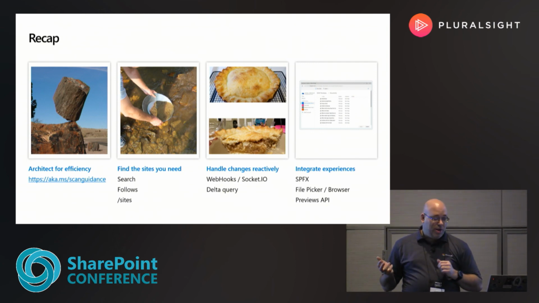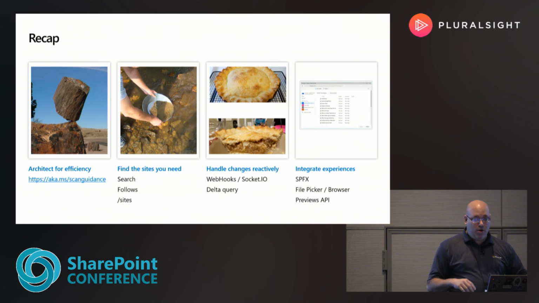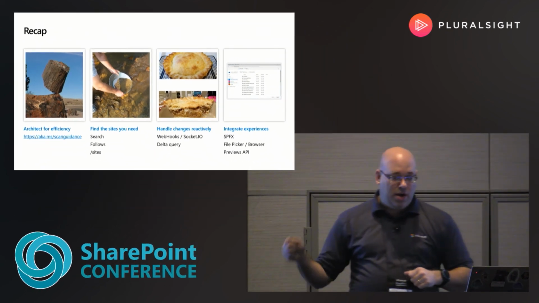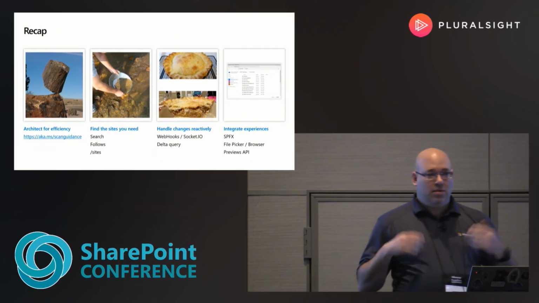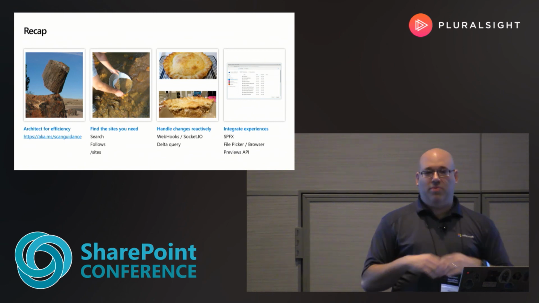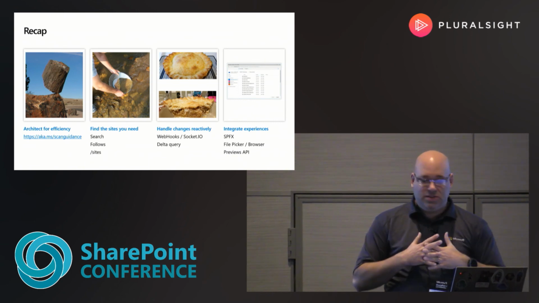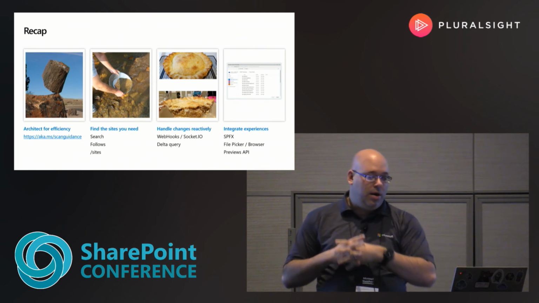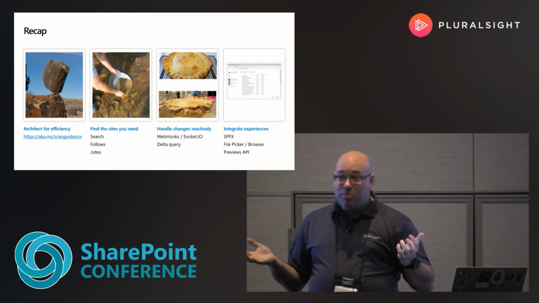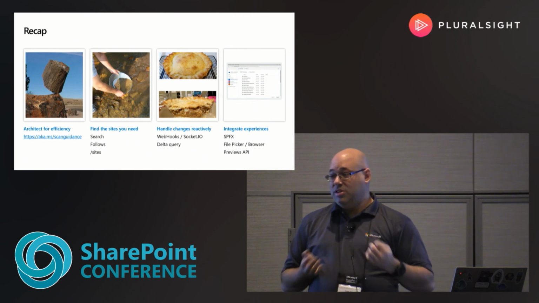You can handle changes reactively, so webhooks and Socket.io for notifications, Delta query to get the changes, and as mentioned but not demoed, we've got a lot of options for permissions handling if you're writing something that needs to know how those all work. And we've got a lot of great options for integrating those with your experience as well.